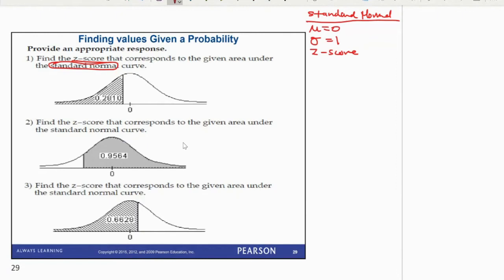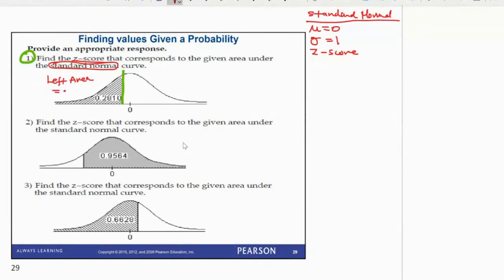Okay, now when you look at the diagram for question 1, you would see that the line that has been given, this line, its left area, right? What has been shaded is the left area. So we have left area.